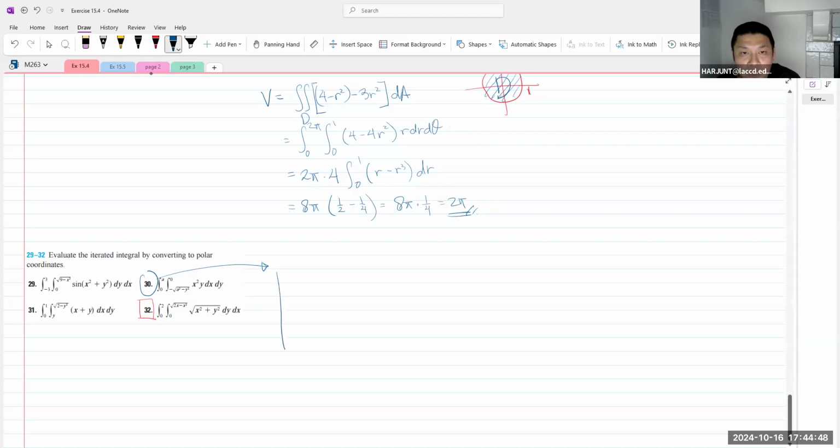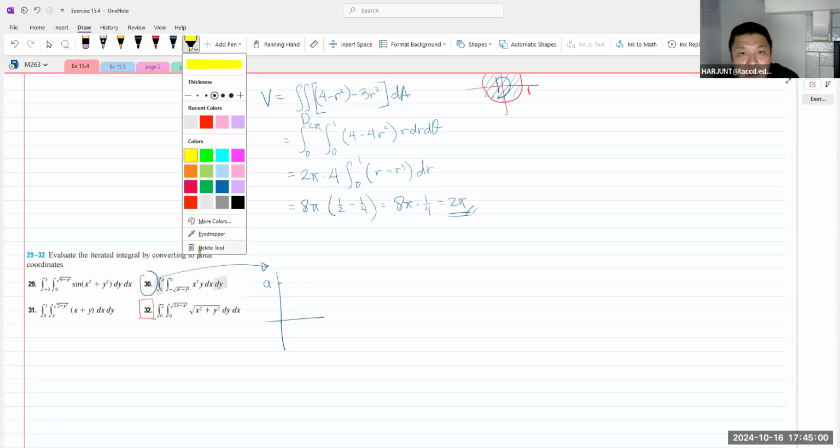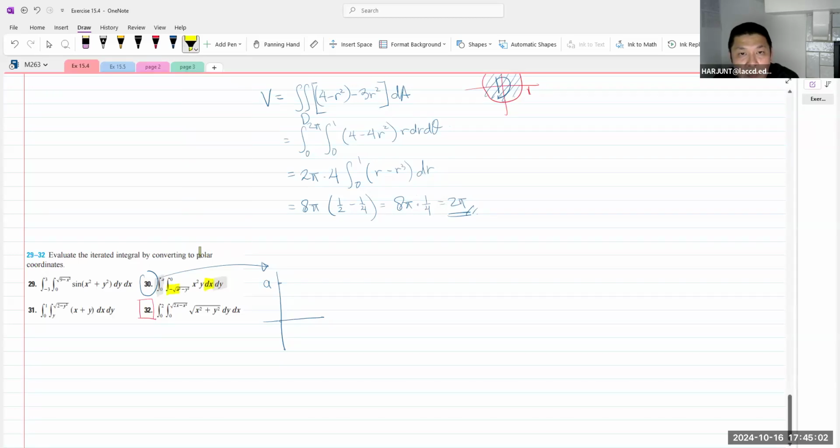The domain, y is from 0 to a. The x is from negative square root of a squared minus y squared to 0.